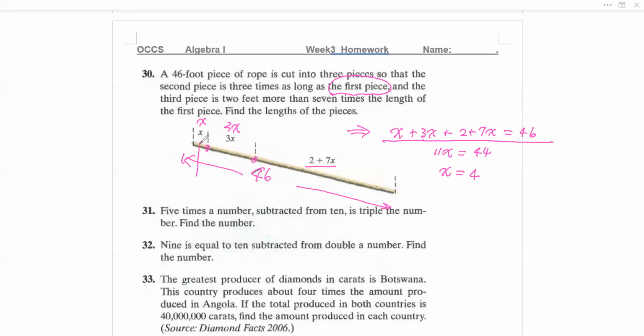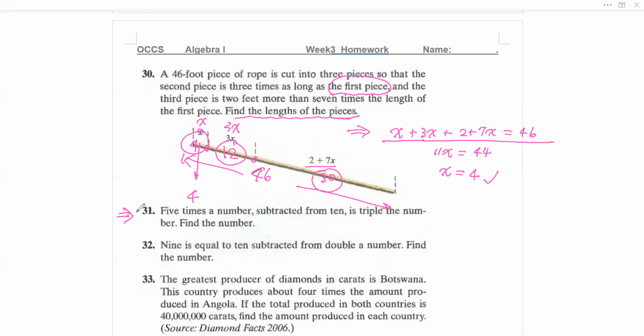So x is 4, 3x is 12, and 4 times 7 is 28, plus 2 is 30. So you can see 4, 12, 30 add together also make 46. So this makes sense, right? So finding the length of the pieces means we need to get 4, 12, 30 out of there.